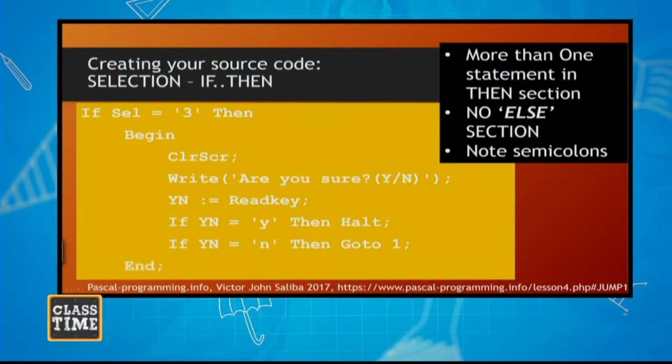And then, of course, you end. The difference with this end from the last end is that we have a semicolon at the end of this end. All right? So whenever you have this if statement and you have more than 1 code line that you want to include, you put your begin immediately after then, write your different lines of code with your semicolon, and then, of course, end your if statement with another semicolon.